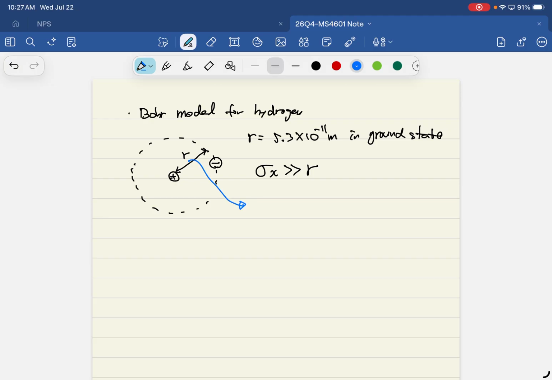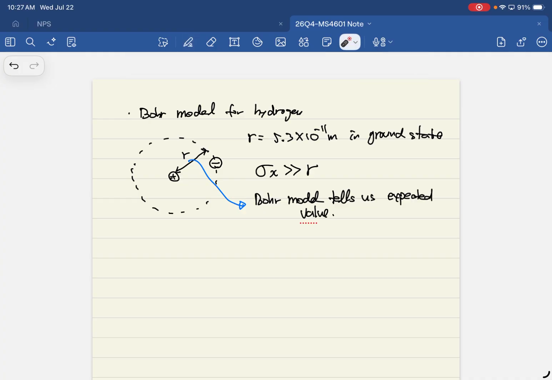So the Bohr model tells us the expected value or average value, and quantum mechanics now tells us that sigma x is much larger than R, so that means we have a probabilistic distribution, and that spreading is much larger than R itself, right?